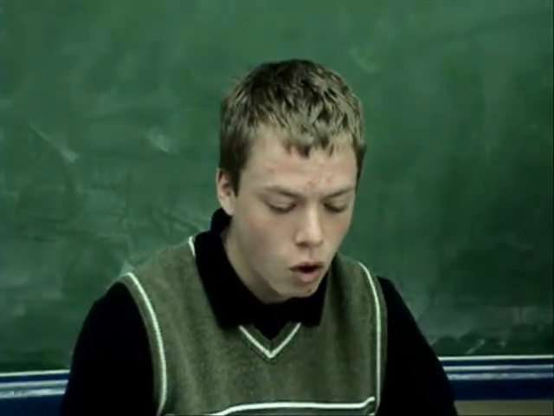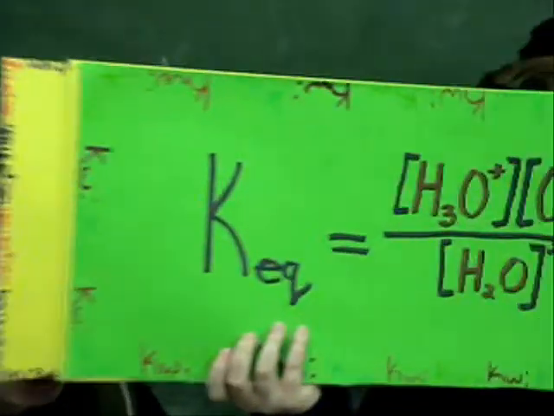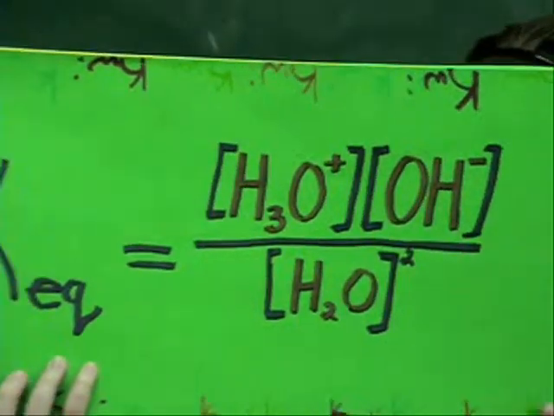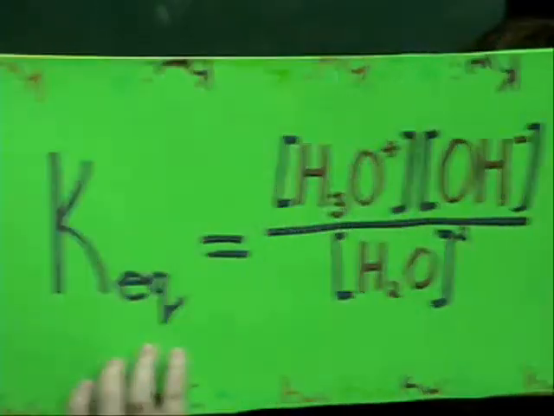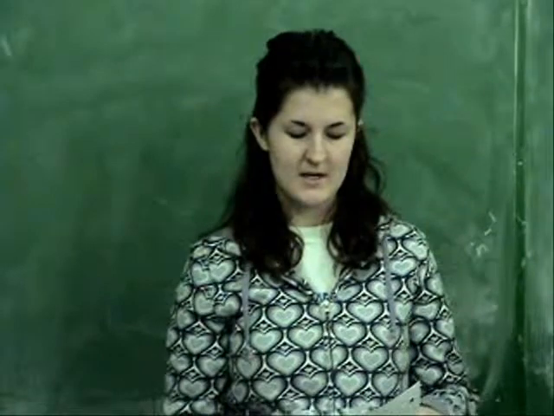Therefore, an equilibrium constant for the water can be determined by the equation Keq equals the concentration of H3O+ times the concentration of OH- over the concentration of H2O squared. Kw is the combined term of Keq and H2O.